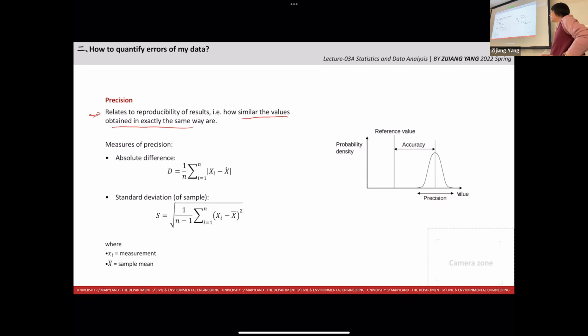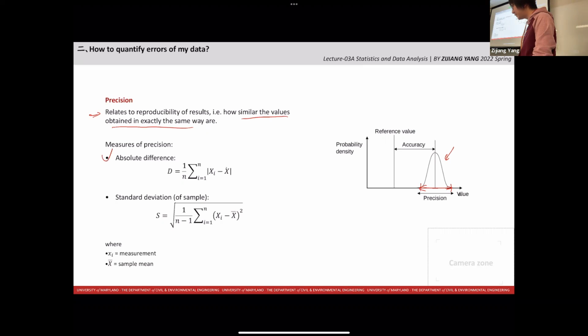So we want to make sure when we are measuring the same objects, the results are the same or similar all the time. Precision refers to the scatteredness of our data. And we can have some quantities to quantify the precision.